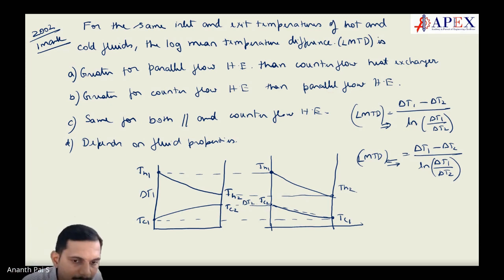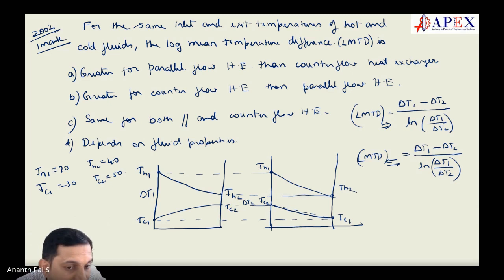Which one? Tell me the substitution. What did you say? TH1, what do you take? What were your substitutions? So let us take TC1. 70, 40, and 30 and 50. Do that. But here this cannot happen. TH2 cannot be less than TC2.